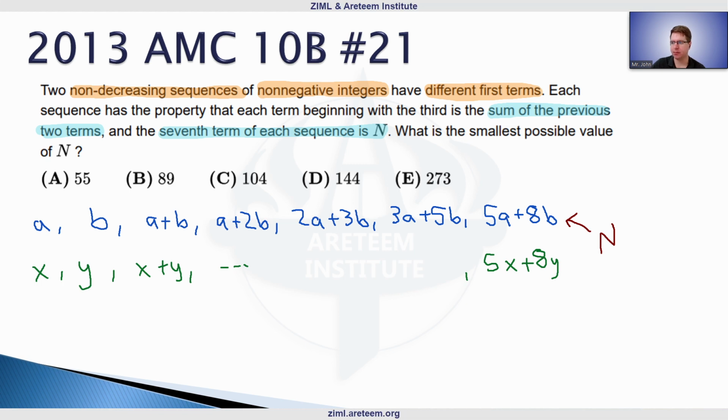This is still another value of n. And here's where the different first terms come into play. We cannot have A and x be equal and B and y be equal. We have to have differences there. The pair AB must be different from the pair xy.